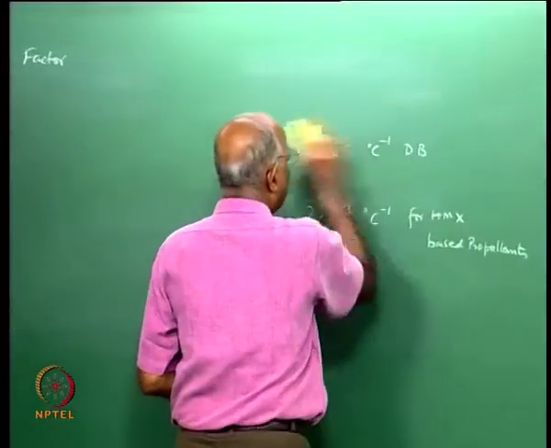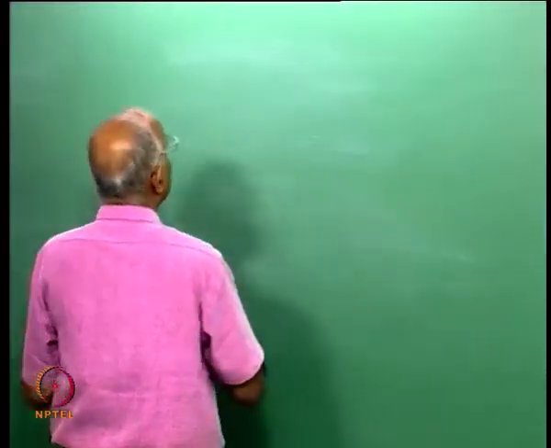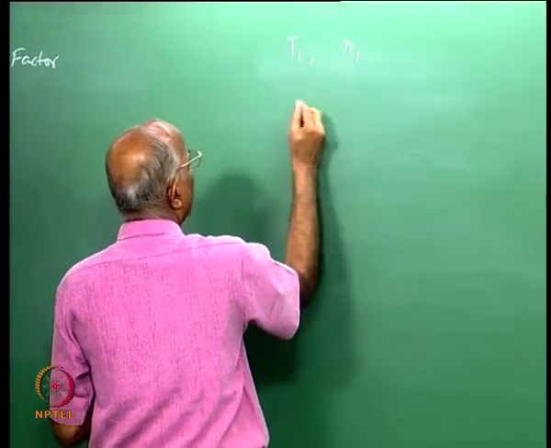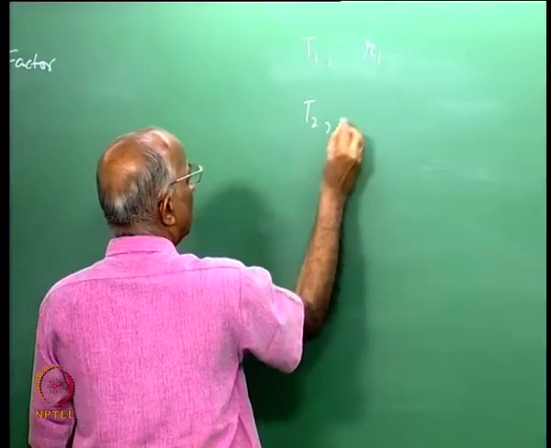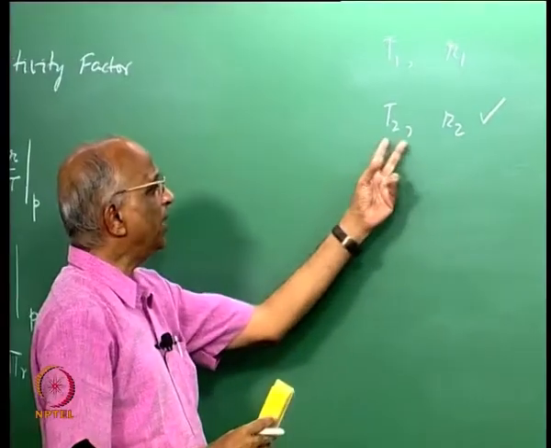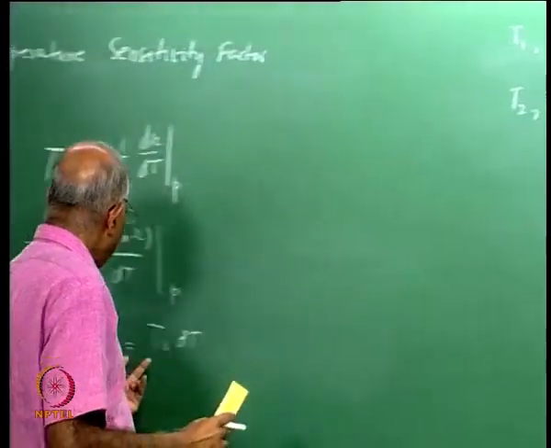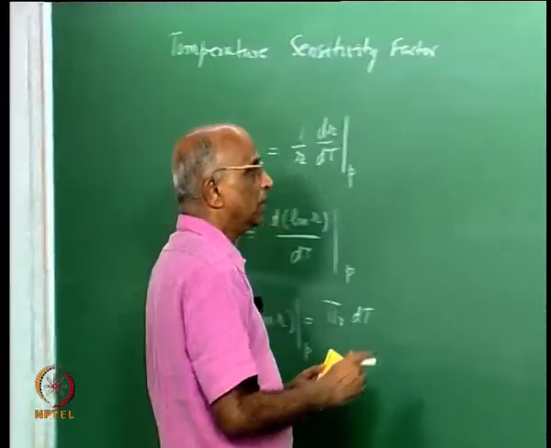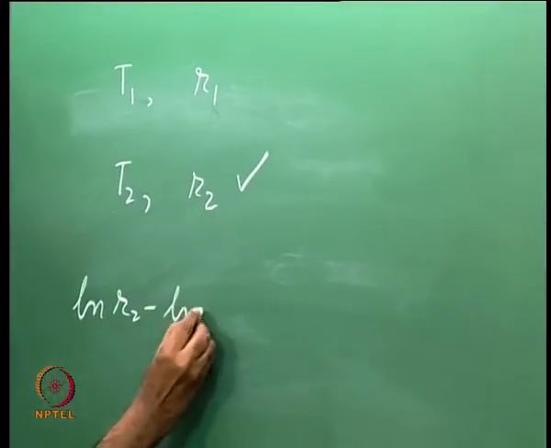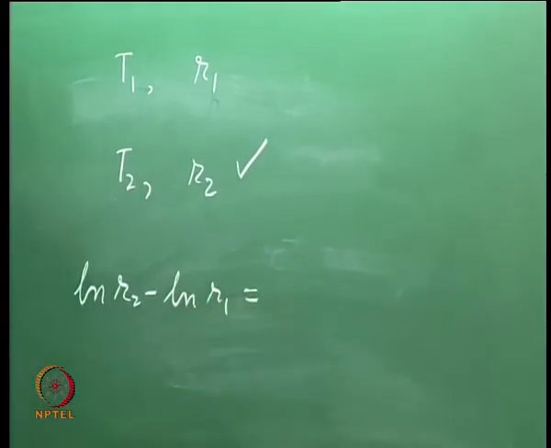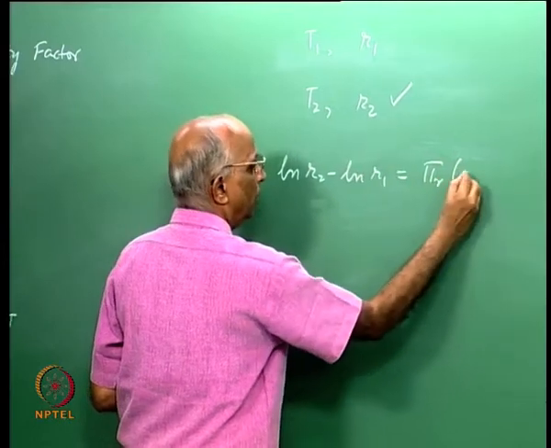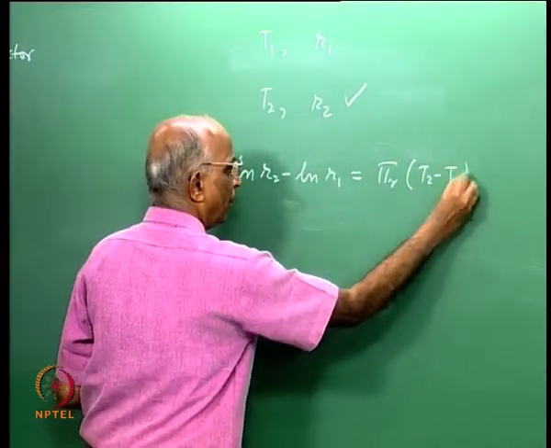Let us say I do two sets of experiments. At temperature T1 the burn rate is R1, at temperature T2 the burn rate is R2, and I am interested in finding out the burn rate at a temperature T2, and therefore I just integrate this. I get ln R2 minus ln R1 is equal to pi r into T2 minus T1.